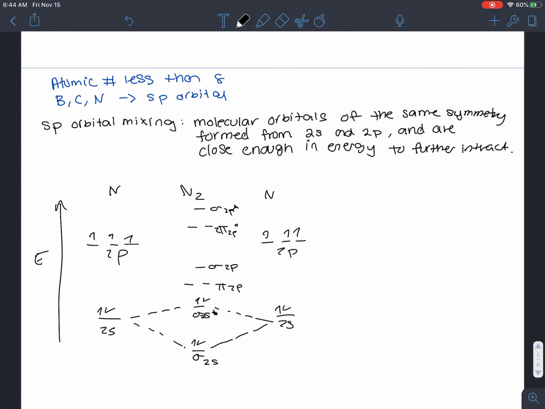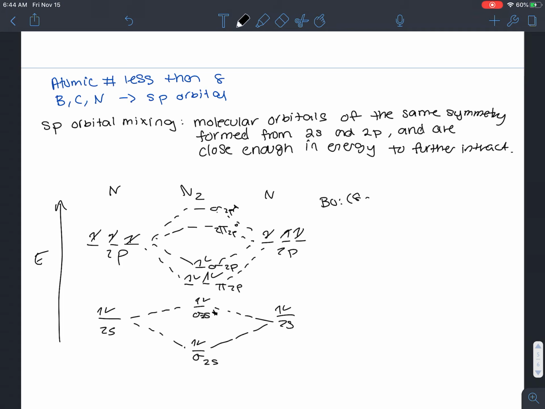This arrangement doesn't change because even though they're pushed further away, it didn't affect the orientation of the antibonding. Then here we draw our lines to show how the molecular orbitals were combined with the atomic orbitals, and you fill in your electrons. Take one from here, then you pair, and then you take another one and another one.